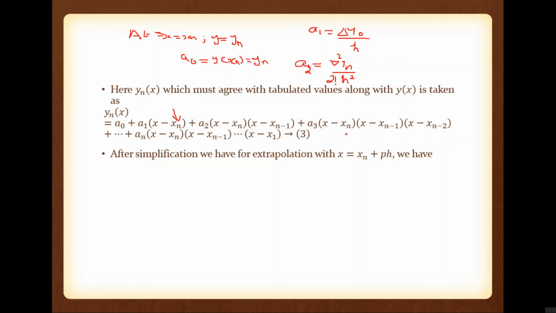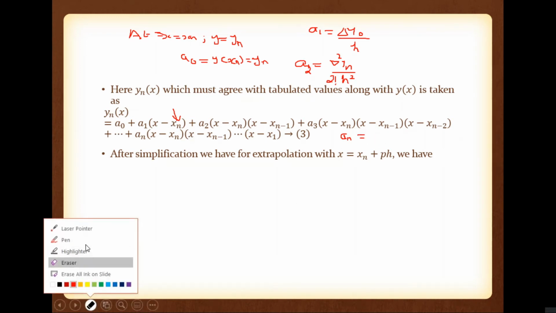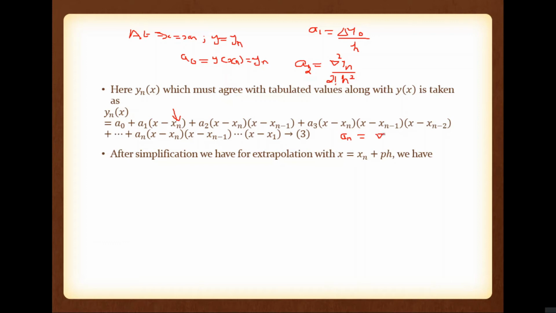Along with this one, please write the general term: an is equal to del raised to n yn, divided by n factorial into h raised to n. Please note, these two n are different. This is power n, and this yn means last term, the last data, the last element.